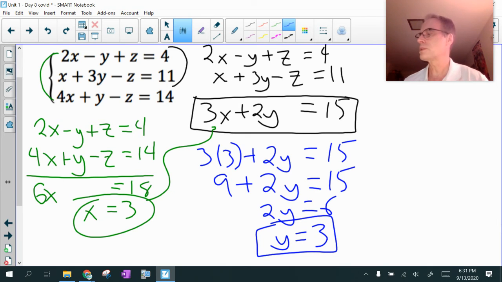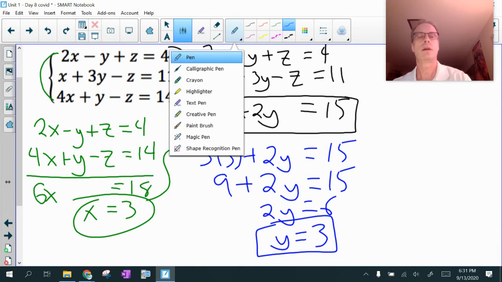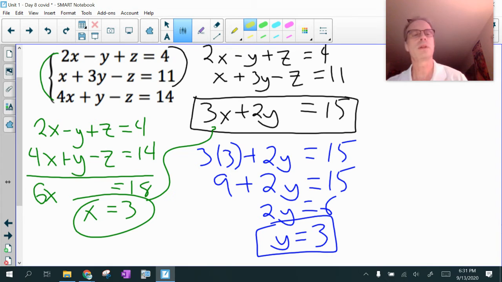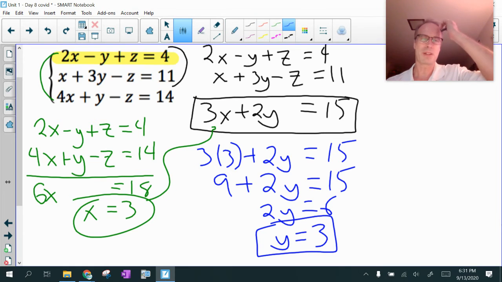Fabulous. I've got x. I've got y. What do I need to do to solve for z? I just need to pick an equation and substitute it in. And I don't know, it really doesn't matter. How about I take this equation here and substitute it into that one? So let me get started.